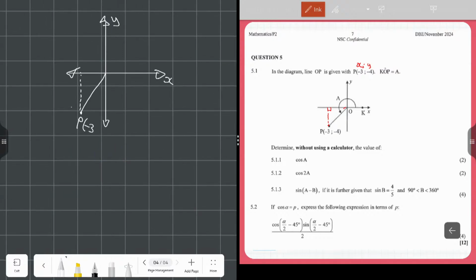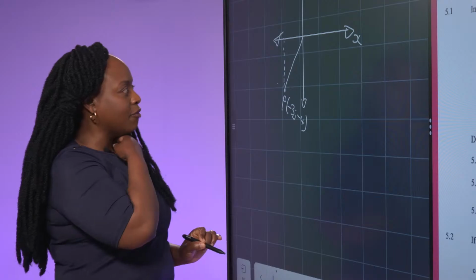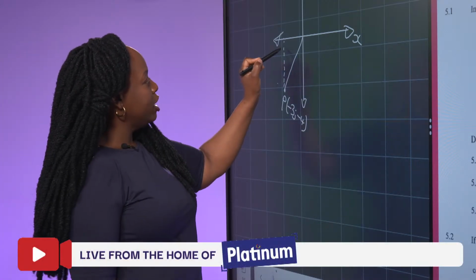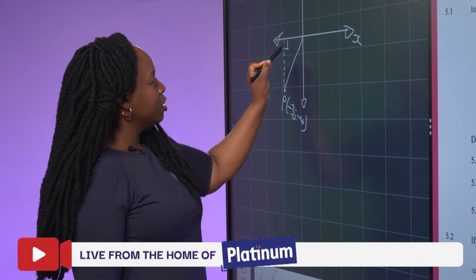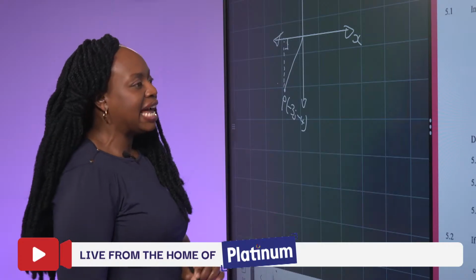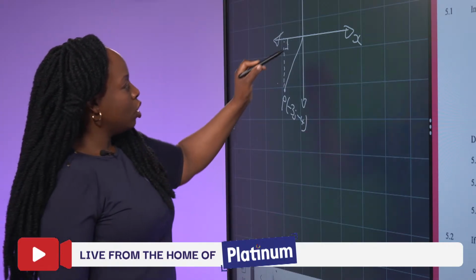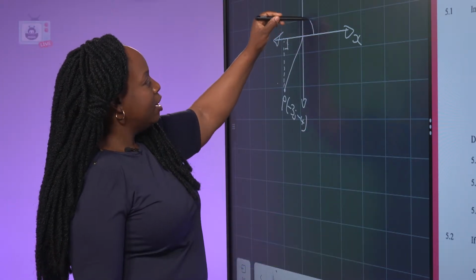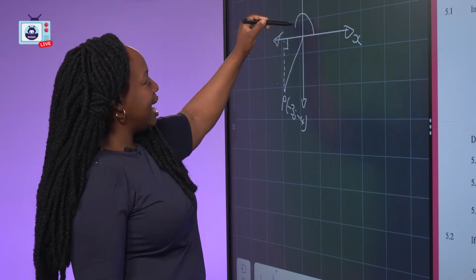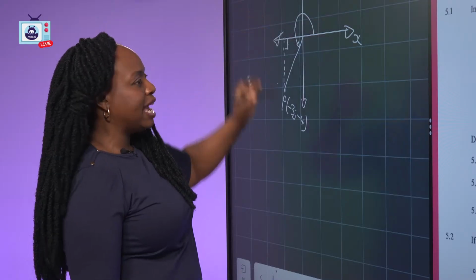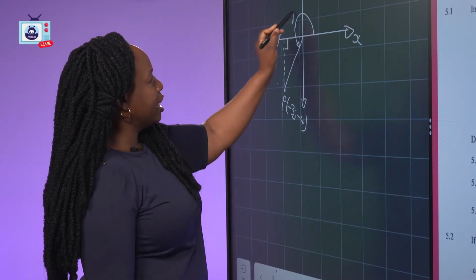You can see that, same as the graph you have there. I have just joined it and drawn my 90 degrees, or my right-angled triangle there. We are told that the angle here is going to be angle A. So that's what we are given there.